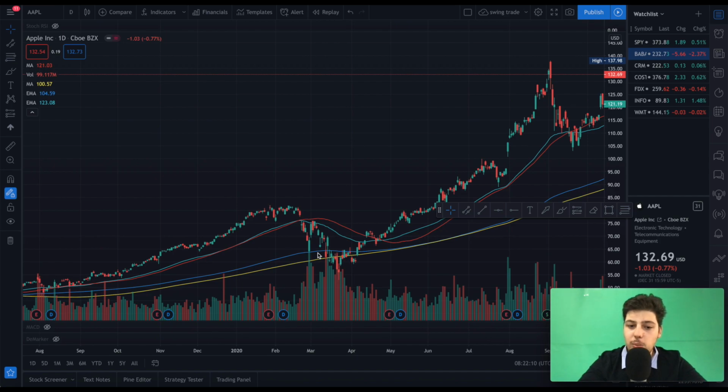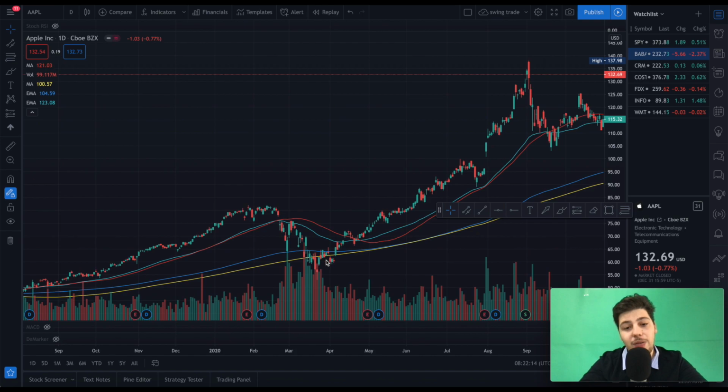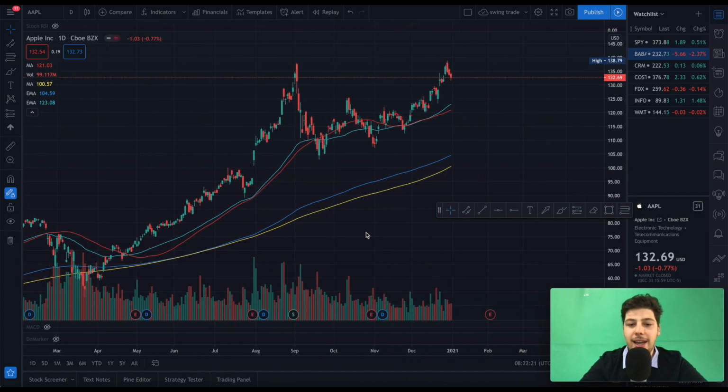But the exponential moving average reacted faster to the upward movement and it reacted faster to the downward movement because it reacts more to the current price. And same idea here, because Apple was on an amazing uptrend, the exponential moving average followed the current price much more.